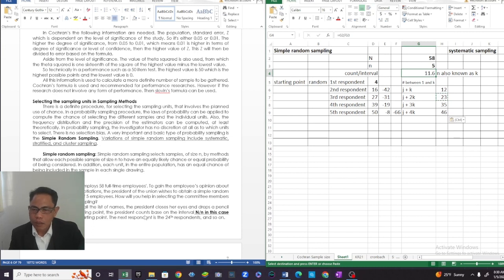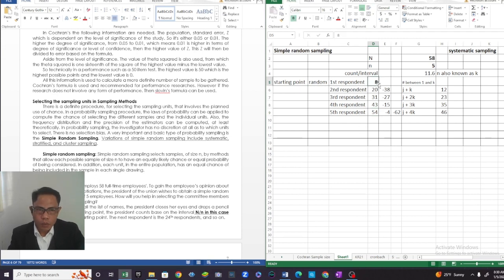From the starting point, the president counts based on the interval, n over n sample. So in this case, let's say the pen dropped on respondent number 8. So the first respondent is respondent number 8 on the list, then number 20, 31, 43, and 54. So those are your respondents.